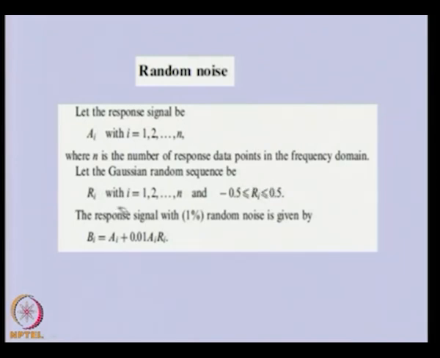So the noisy response we can get is B = Ai + 0.01 Ai Ri. This 0.01 corresponds to 1% random noise in the system. If you are adding 2% or 3% noise, this factor will change, otherwise the expression will be the same.